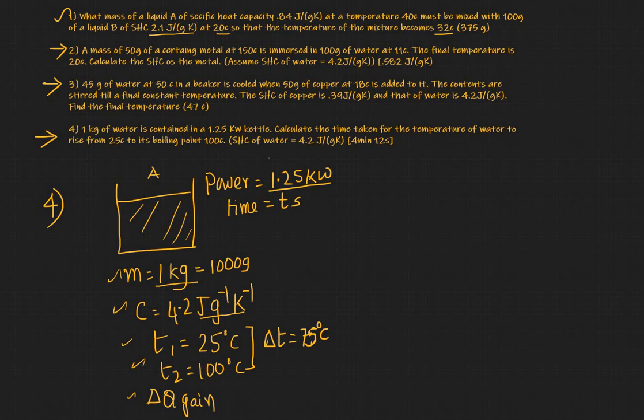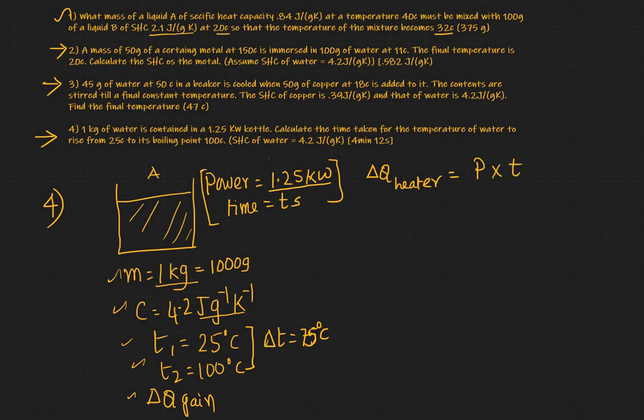So in the kettle, the energy is being given by this heater, and this heater is giving a delta Q, delta Q of heater, right? Let's say heater is the power into time.